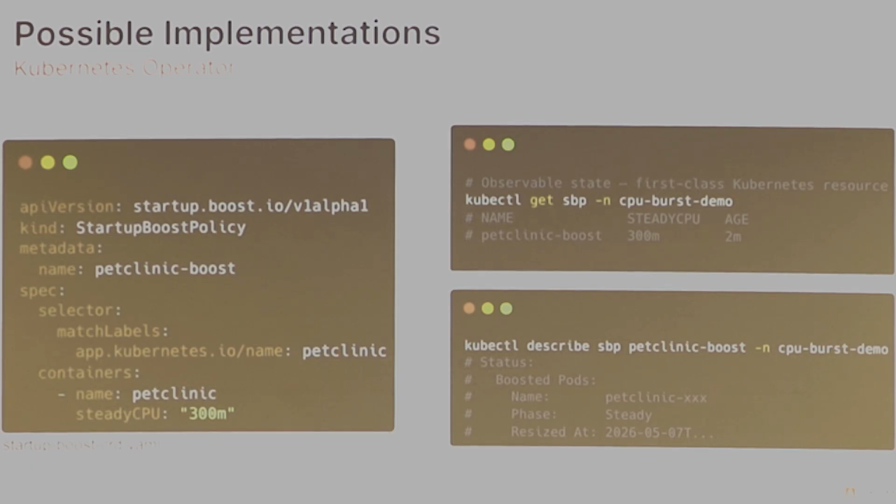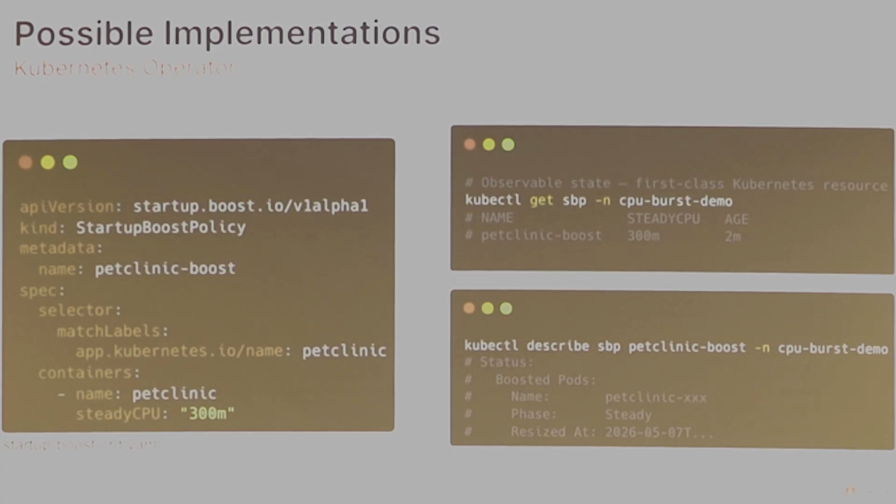How does it work? We did this startup boost policy. You are basically targeting, using the match labels, the application, which is the pet clinic pod we are using from the first implementation. And you are saying, okay, for the Kubernetes pet clinic application, I want to patch the container called pet clinic again, and my target CPU utilization is 300 millicores.